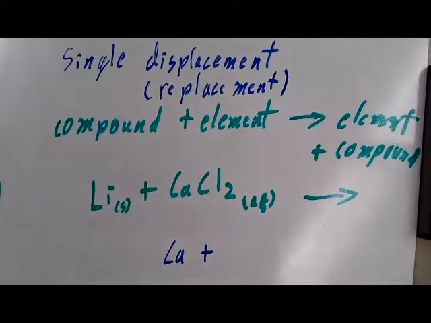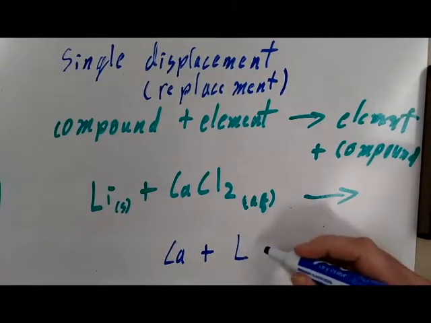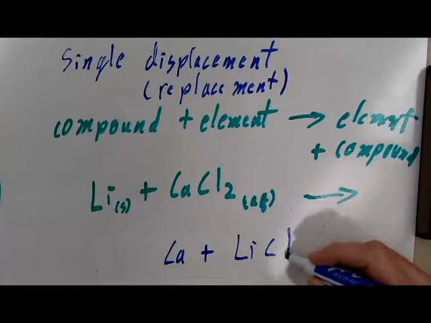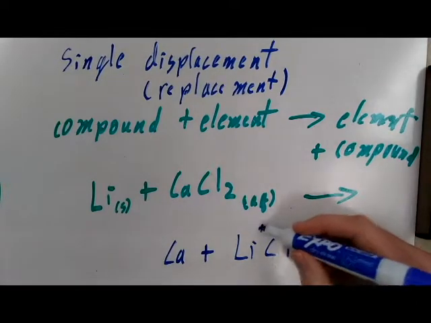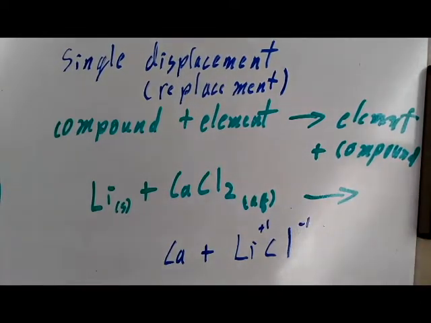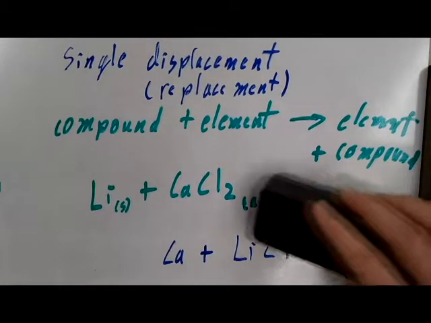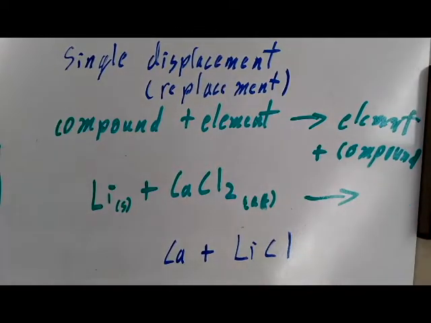So we know that lithium is in the alkali metals group, so lithium is going to need to have a charge of +1 on it. So we put lithium and chlorine together, and because lithium has a +1 and chlorine has a -1 charge, those are going to cancel each other out, and we have a 1-to-1 ratio. So our products are calcium and lithium chloride.